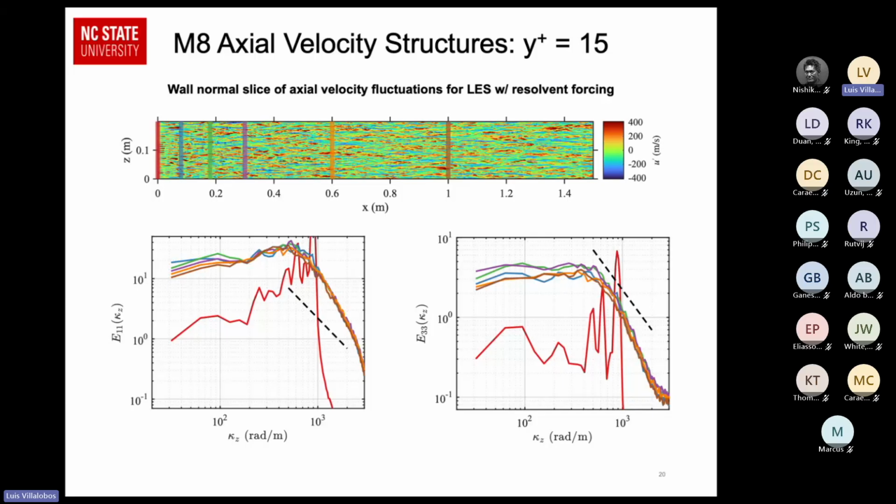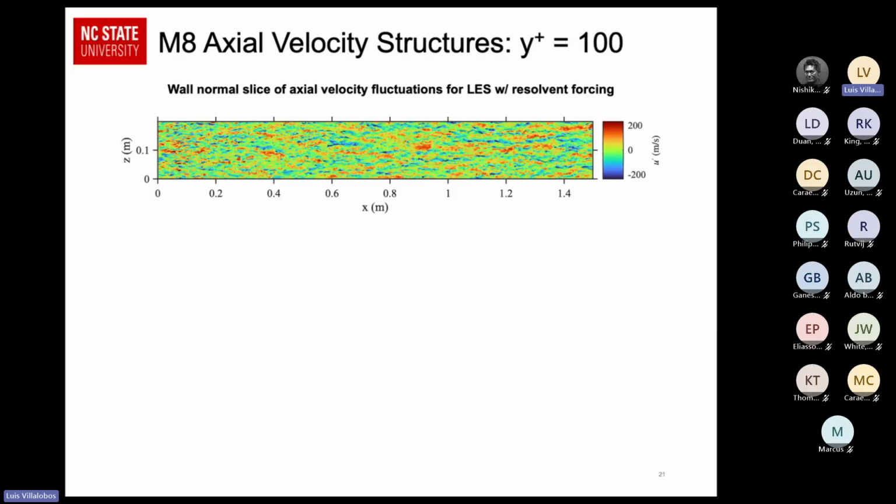Not great. But by the time we get to the blue line, which is about, I would say, 5 boundary layer heights downstream, we're already matching the spectra downstream. So that's showing that these turbulent structures are bursting immediately right after the inflow, and we are basically getting the full spectra that we would expect right away.